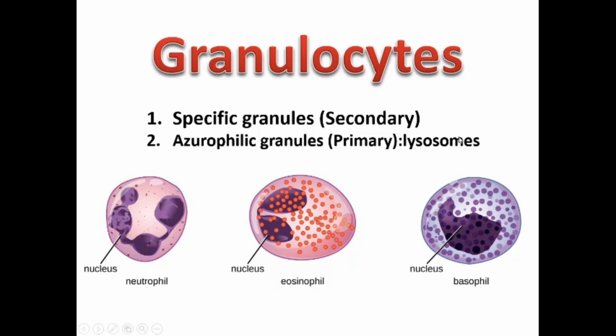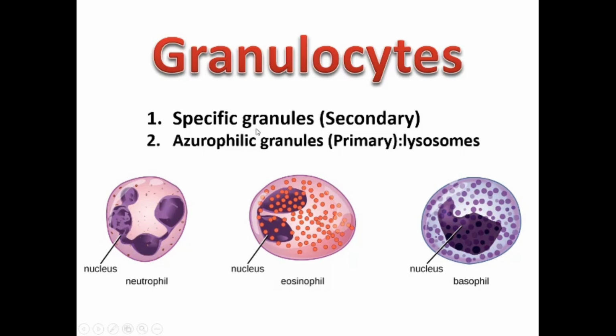You know, most cells have lysosomes. So this kind of granule we have in other groups of cells, even in granulocytes. But the granulocyte cells, in addition to the lysosome, have another group of granules called specific granules.